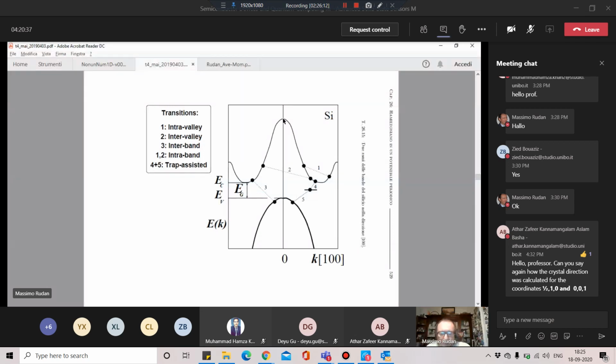Continue drawing the branches, there will be another gap on top of the upper branch, then there will be another branch, another gap, etc. So actually, the structure of these curves is an alternation of branches and gaps. Now, consider again the upper branch. You see the lowest energy of it is EC.